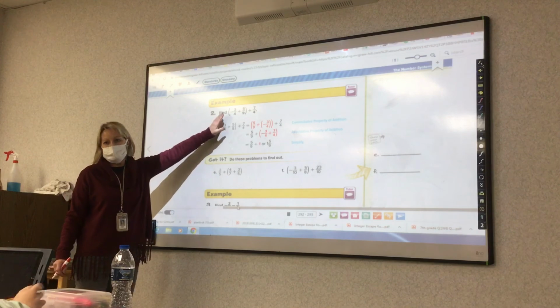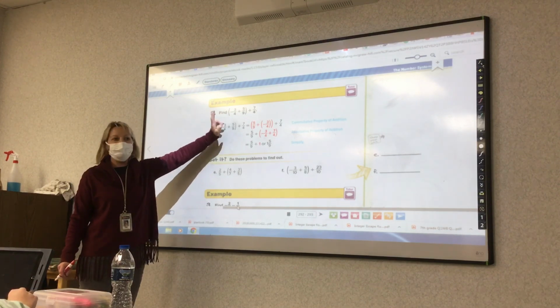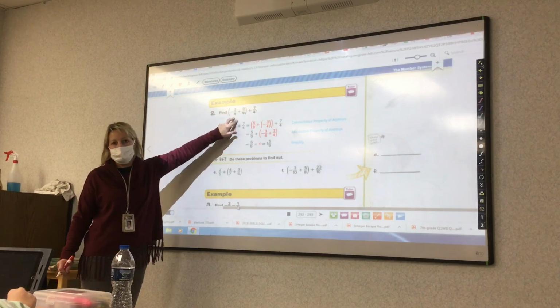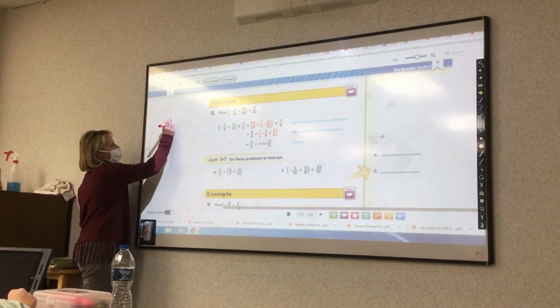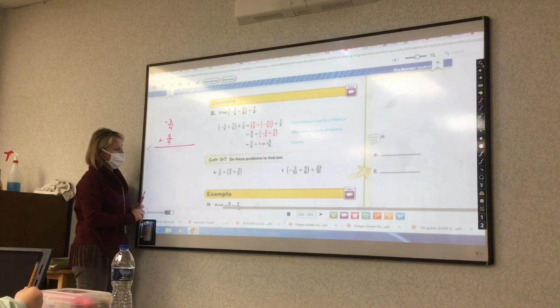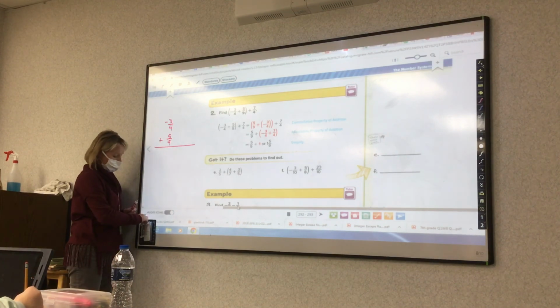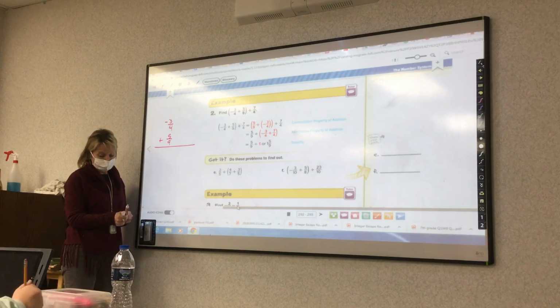Here we have 3 fractions, right? Yep. Let's just start with what's in the parentheses, okay? So if I have a negative 3/4 plus 5/9, what's my common denominator going to be? Is it 36? Yeah.